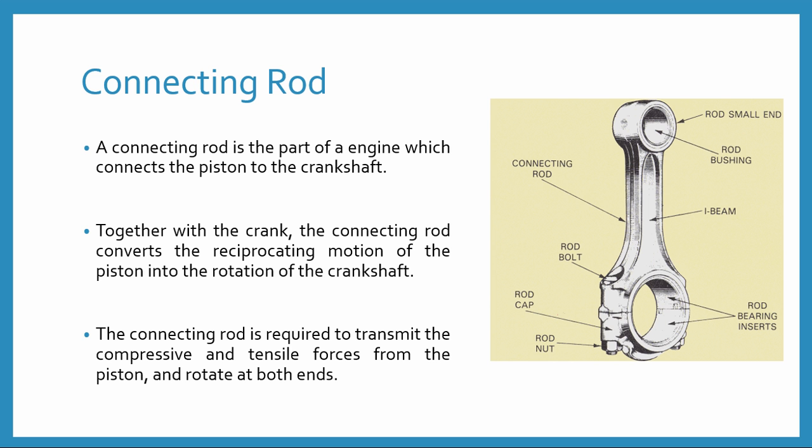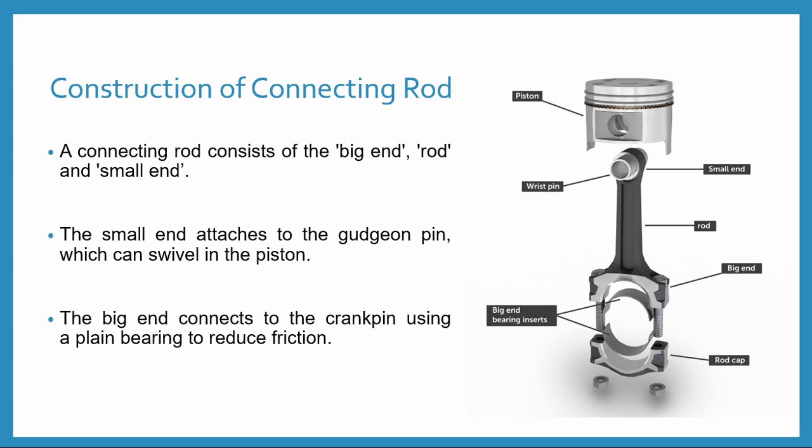After knowing the basics of the connecting rod, now coming to the construction of the connecting rod. The connecting rod basically consists of three main parts. The first one is the big end, the second one is the rod section, and the third one is the small end.